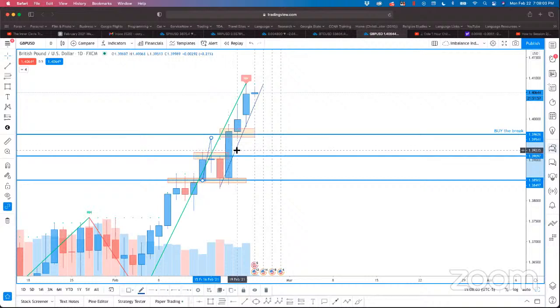Right here, this is a daily chart we're looking at. You would have probably got an entry on this day, the 18th, right here. And if you missed it on the 18th, you got another entry on the 19th right here.